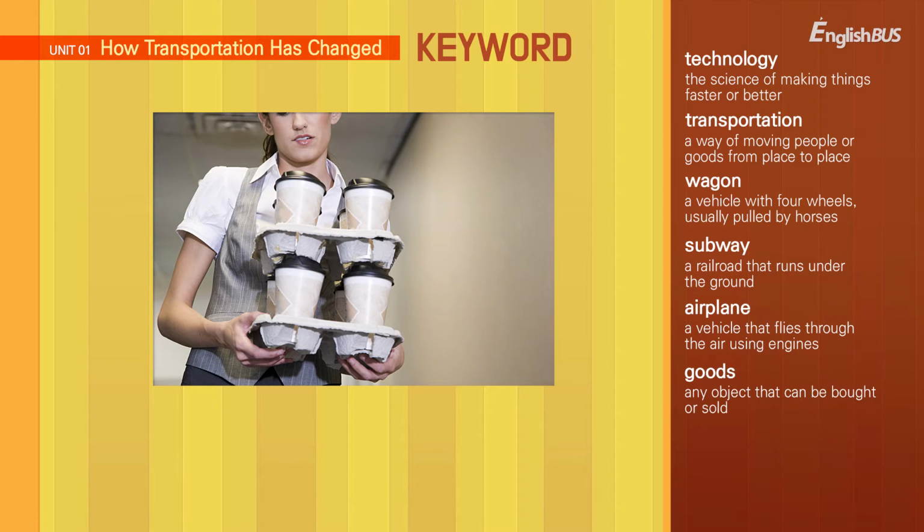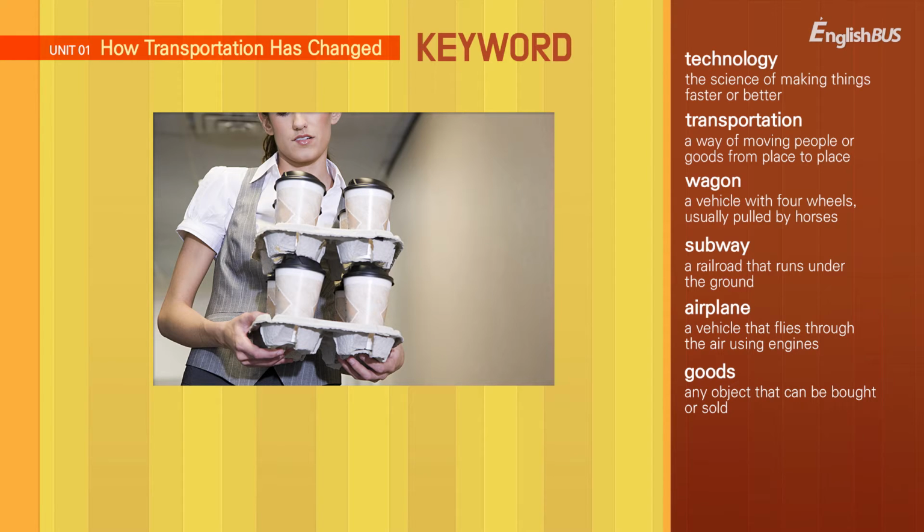Finally, what's happening with this woman? She is carrying cups of coffee. She's carrying many cups of coffee, 8 cups in total. She could have carried 1 or 2 and then gone back and got another 2, but she chose to carry them all at one time.